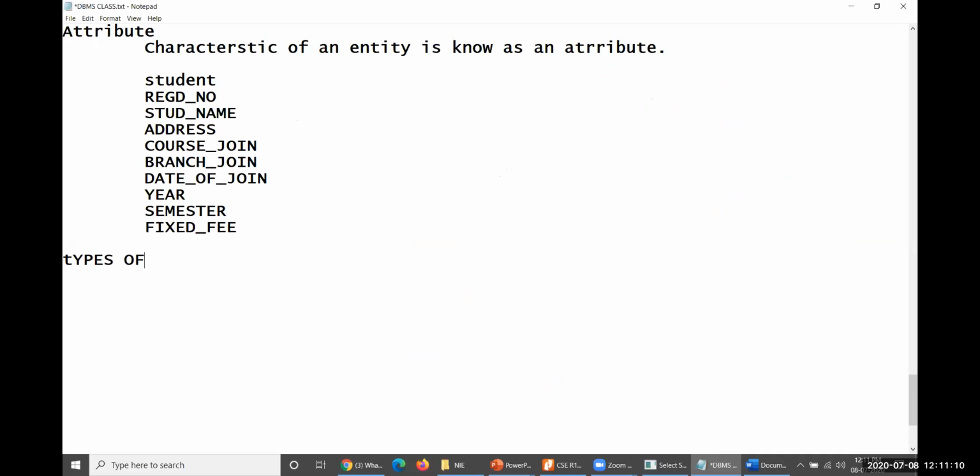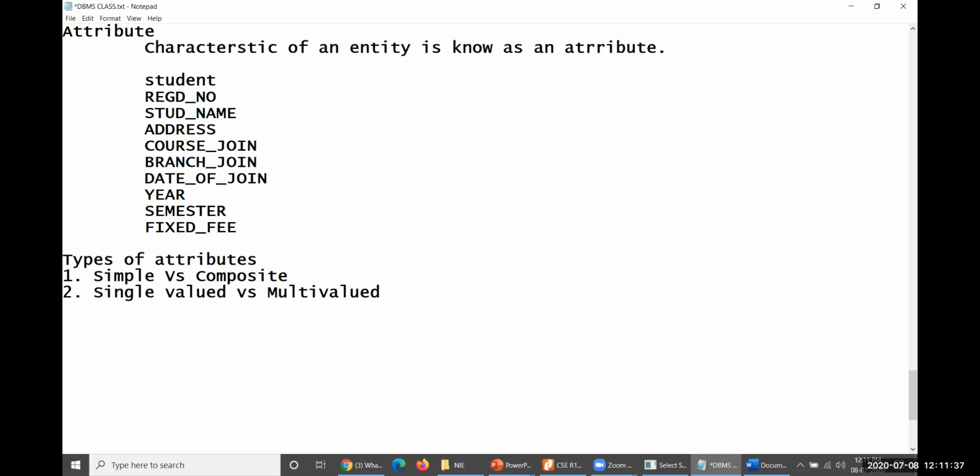Types of attributes. Number one, first one is simple attribute versus composite. Second one is single valued versus multi-valued.